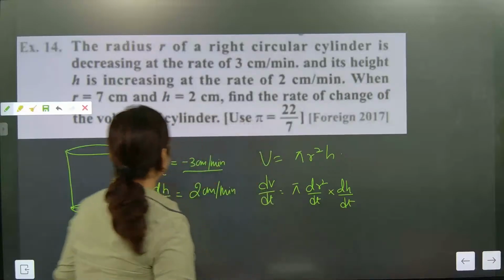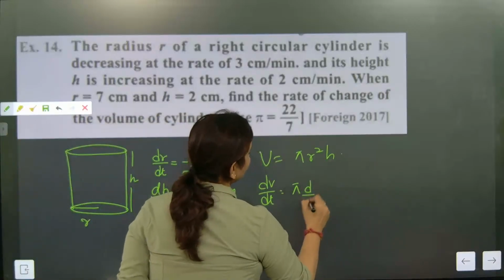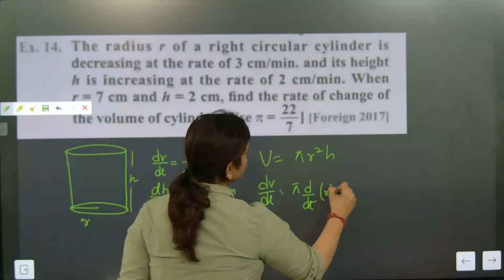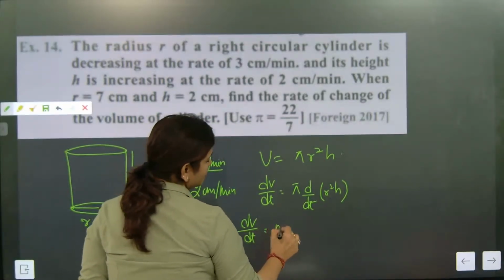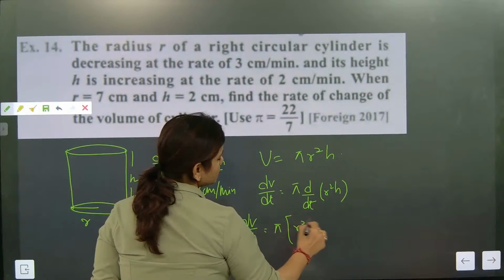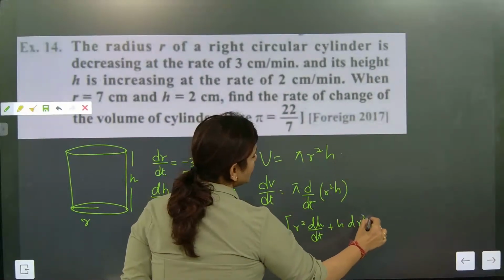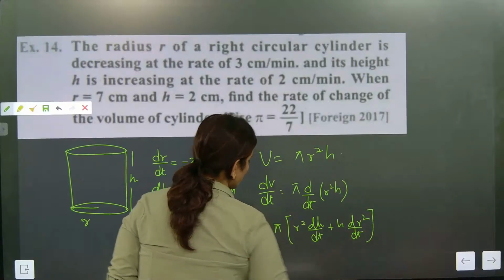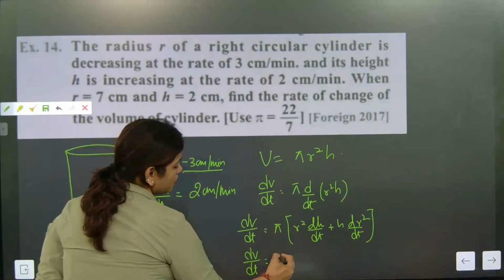I'm telling you. So now look here. One time we are going to apply this d of dt in r square h. So dv by dt is equal to pi times r square dh by dt plus h d r square by dt. Correct? So now we write dv by dt is equal to pi.